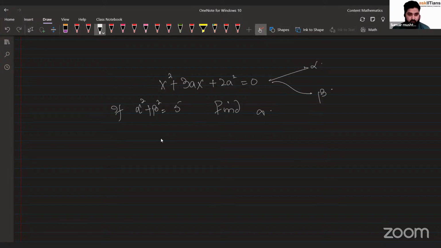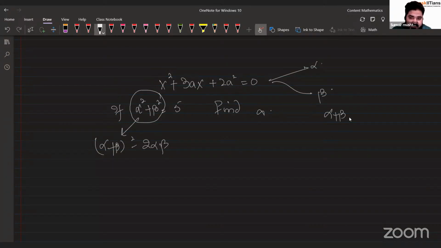Whenever this comes to your mind, you can say alpha square plus beta square is alpha plus beta whole square minus 2 alpha beta. Now you need a, so first you need alpha plus beta. The sum of the roots is negative 3a divided by 1, and the product of the roots is 2a square.